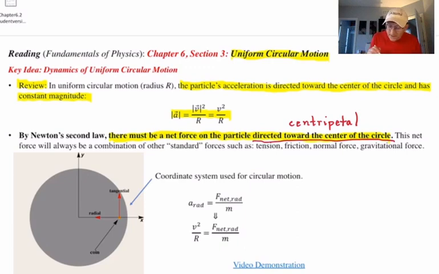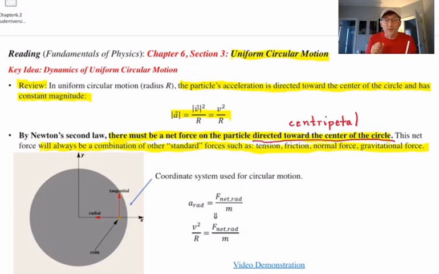Okay? And this net force, as far as we're concerned, will always be a combination of other standard forces that we've already studied, like tension in a string. You can provide the necessary force towards the center of the circle by having an object tied to a string and whirling it around, and there'd be a tension force that would be the force towards the center. Or it can be friction. I'll show you an example of that in a minute.